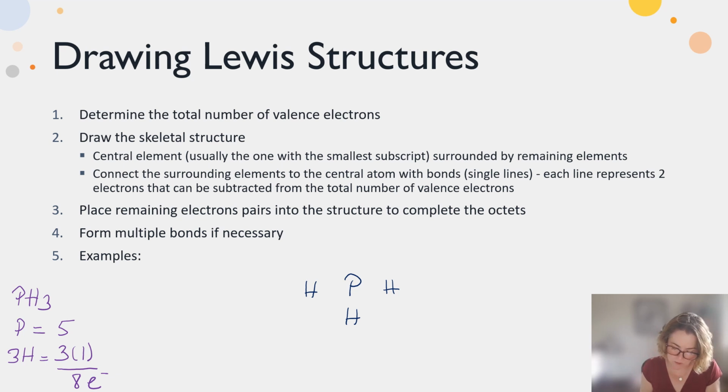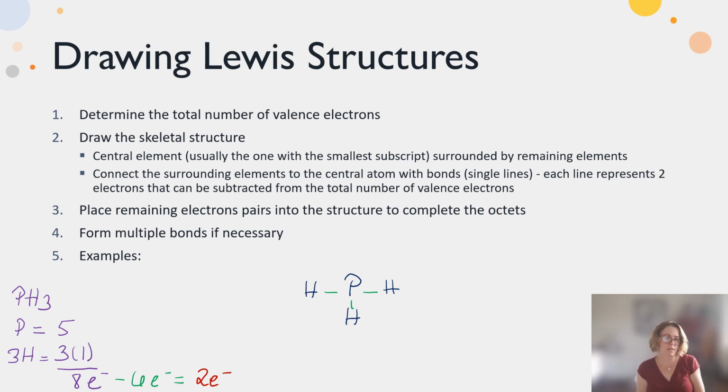I'm going to do that with a single bond, 1 line. Remember that each line represents 2 electrons, 3 lines. 3 times 2 gives me 6, so I've used 6 electrons. And so I have 2 left that have to go into my structure.